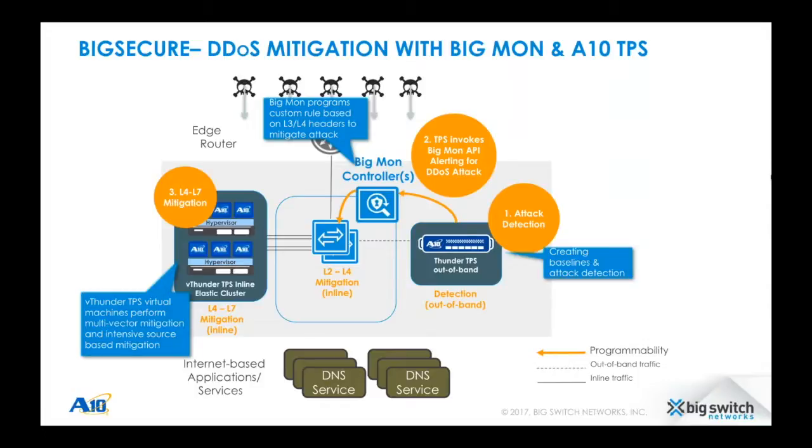And then the BigMon controller has the ability to not just program these custom rules into the switch chips that we talked about for amplification filtering, but here it's for this surgical steering of traffic toward the scale-out cluster that you see here with the vThunder TPS VNFs that are able to be scaled out for all this intensive source-based mitigation.